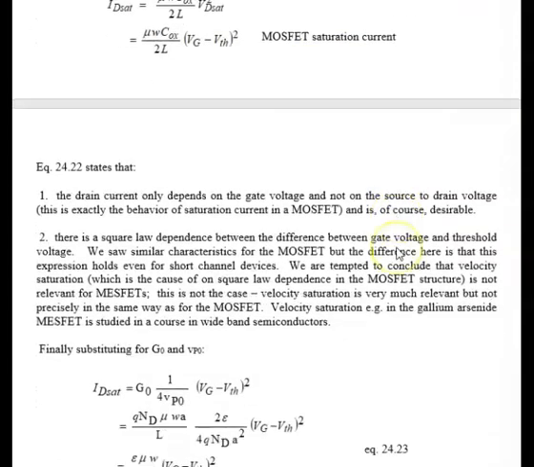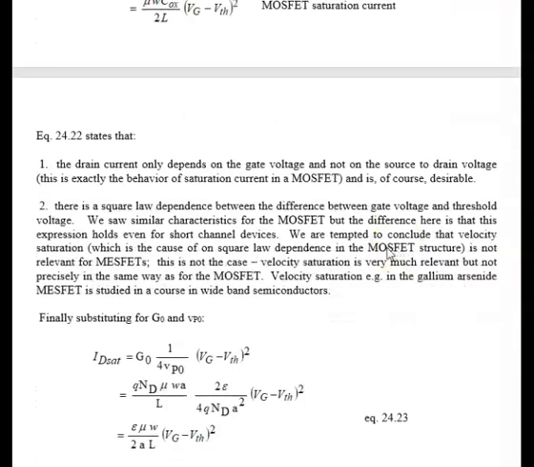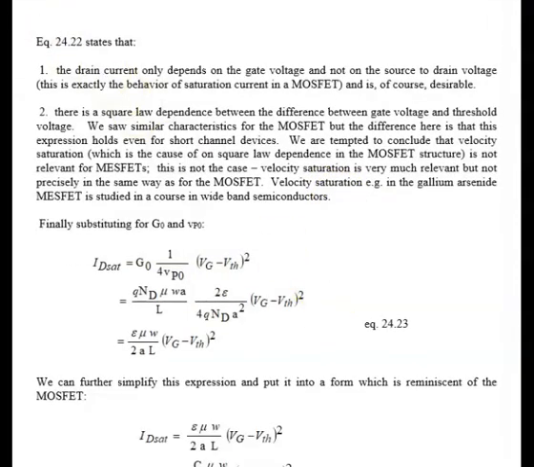The answer is yes, but I hope you are tempted enough to want to find out what the issues are with velocity saturation in MESFETs, and that requires a whole course on wideband semiconductors. So we're not going to go into that here, but that is a fascinating issue. Velocity saturation, you bet it occurs in MESFETs. You just have to look at it a little bit differently.